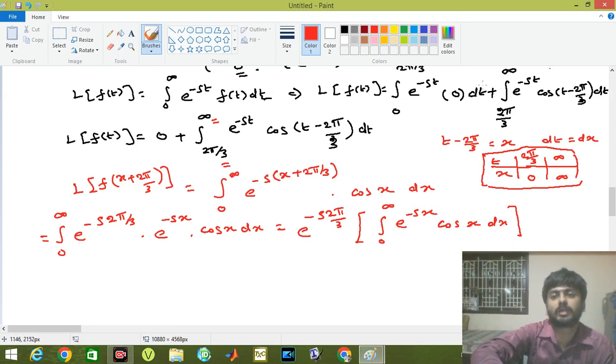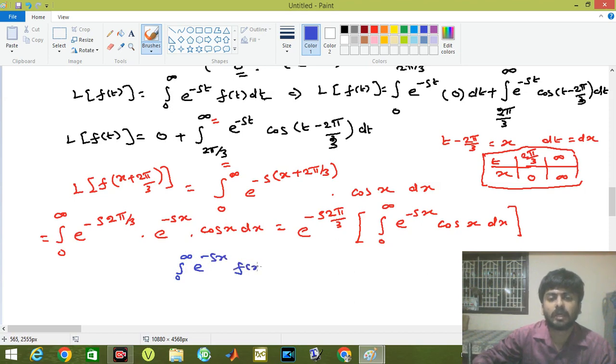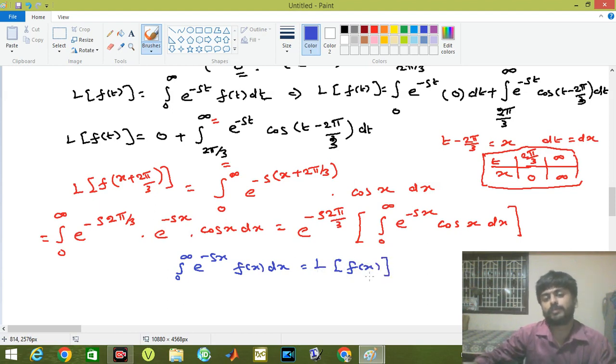Okay, so you know that integral 0 to infinity e power of minus sx f of x dx, what will you write? You write it as L of f of x. Am I right? L of f of x. So in the same way, we are going to write this.